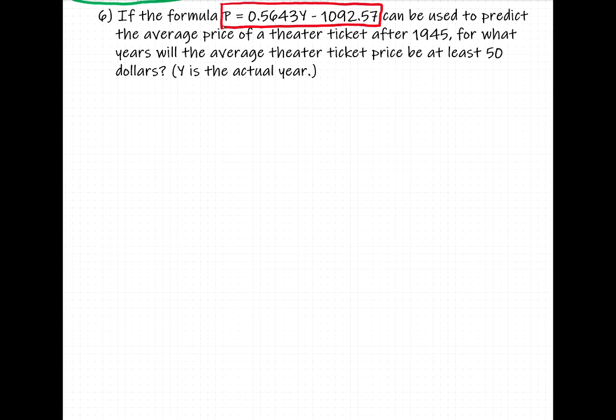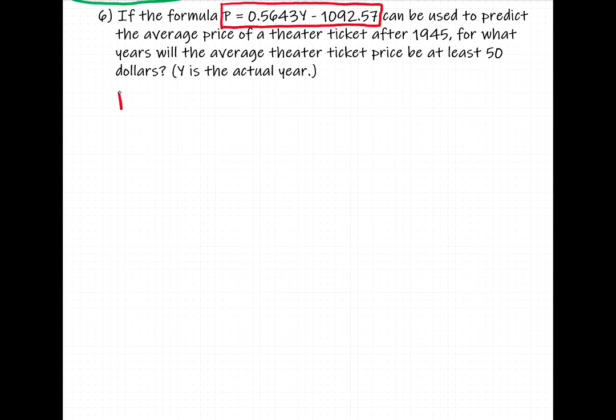So this given equation, this given formula, can be used to predict the average price of a theater ticket after 1945. For what years will the average theater ticket price be at least $50?